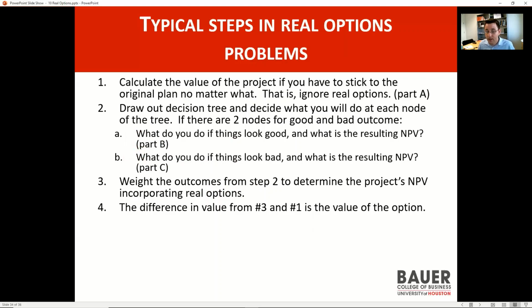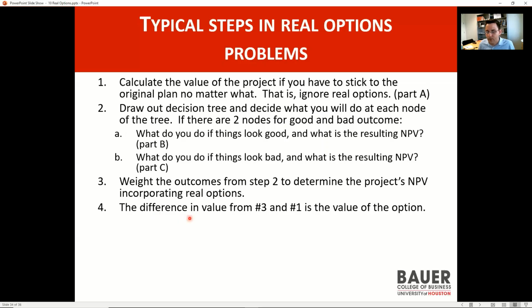To do that, you bring both of these outcomes from 2A and 2B back to the present, and you weight them based on their probability. With some probability, you're in part B. With some probability, you're in part C. You calculate the weighted average of those to get the present value, the value of the project with that option attached to it. So you weight the outcomes from step 2 to determine the NPV, including the real option.